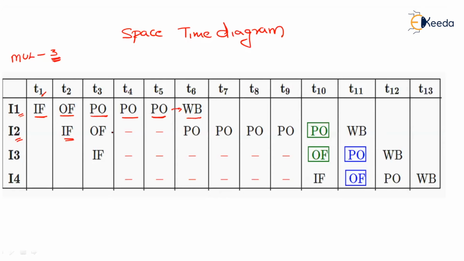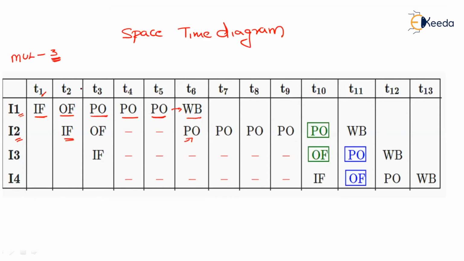So I2 cannot enter into PO. Only when I1 leaves the perform the operation stage can I2 enter it. So in T6, the stage is available because I1 left only in T6, and I2 will enter the perform the operation stage in T6.